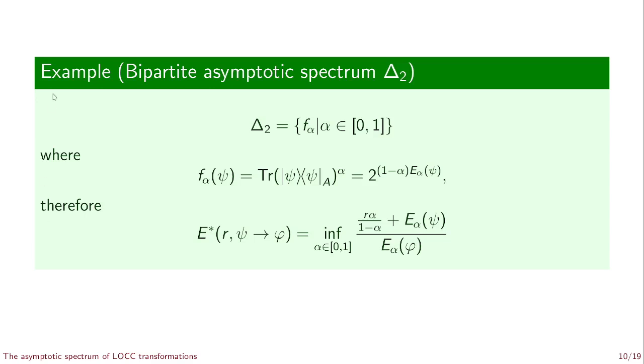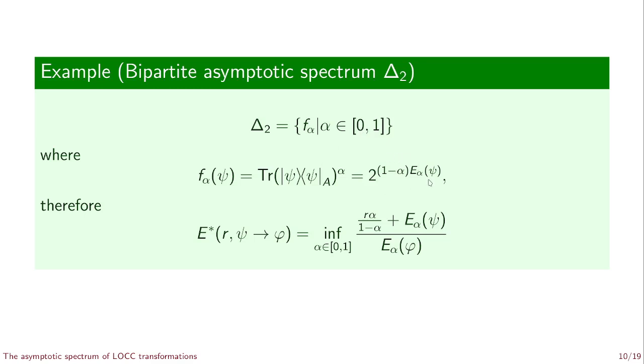Again, let's have a look at the bipartite case. In this case, the bipartite asymptotic spectrum is given by a family of functions parameterized by a single real number between 0 and 1, this alpha, and it's essentially again the Rényi entanglement entropies of parameters between 0 and 1.